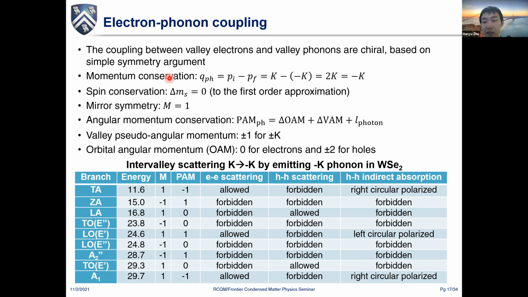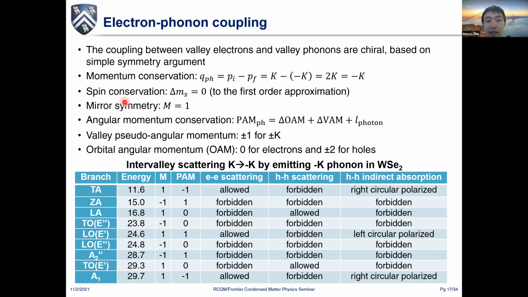First, the momentum must conserve. So that means if you have an electron that scatters from one valley to the other valley, it must emit a phonon that corresponds to the destination valley.